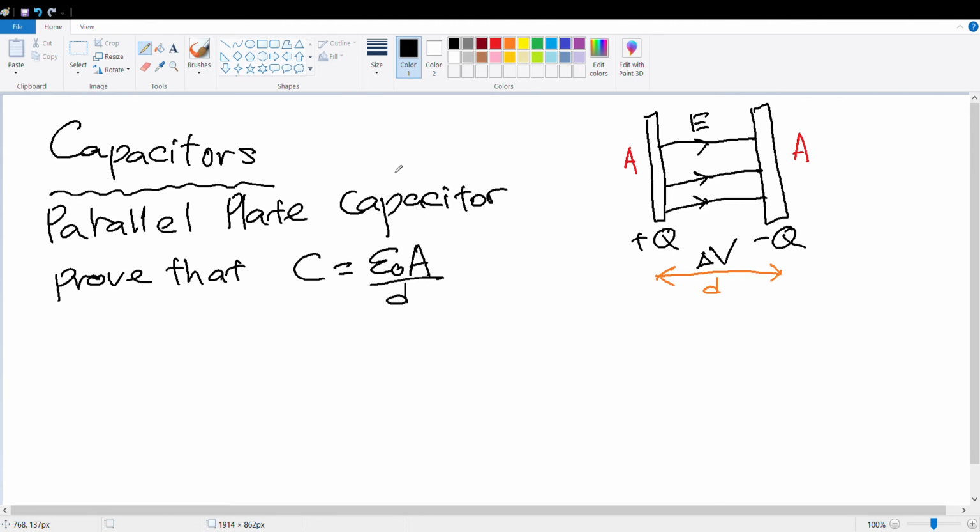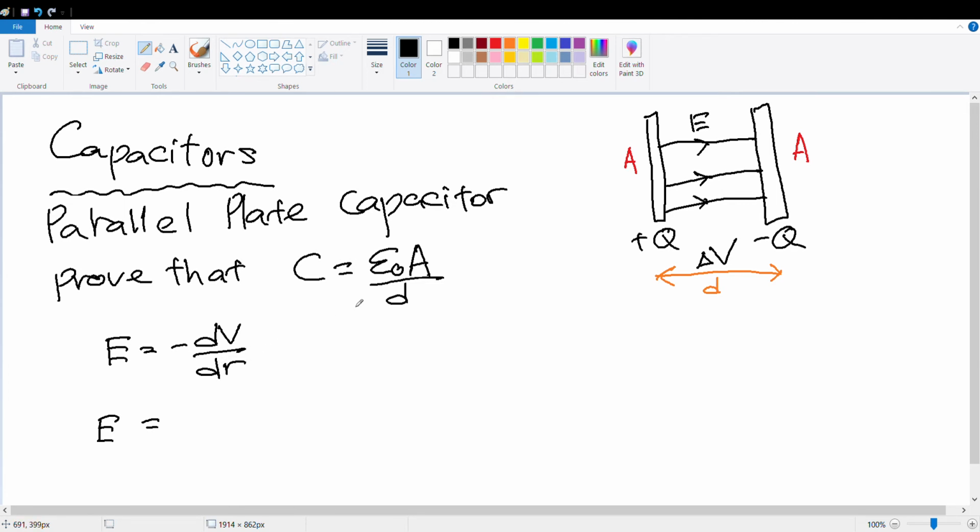Alright, so for the first piece of information, we know from the previous chapter that E is equal to negative dV/dr. This negative is used to cancel out the negative which comes from the differentiation of the electric potential. In this case we are not going to differentiate this formula again.